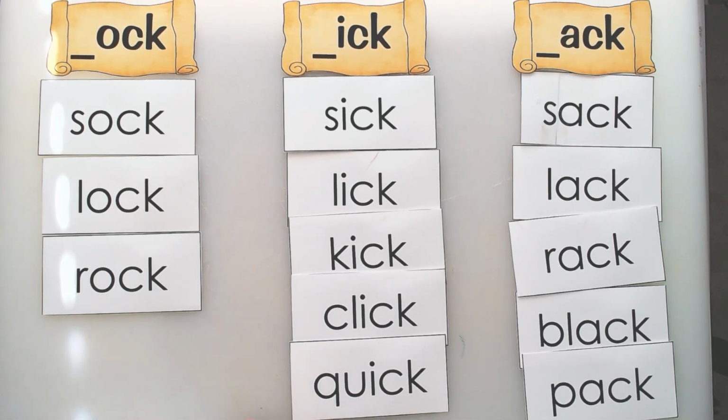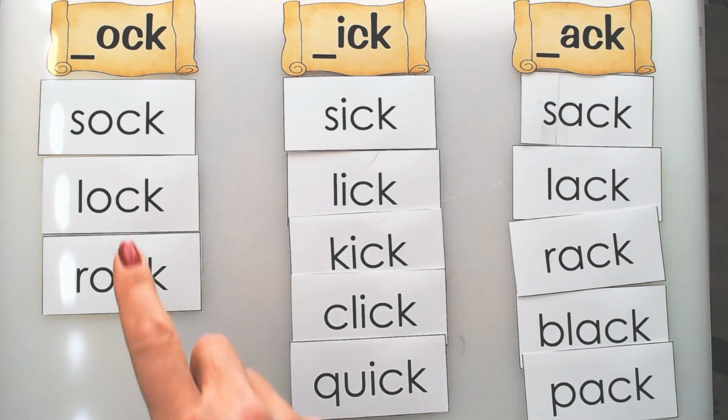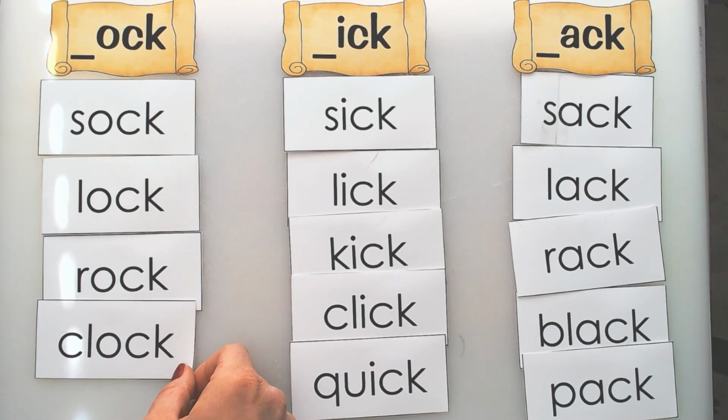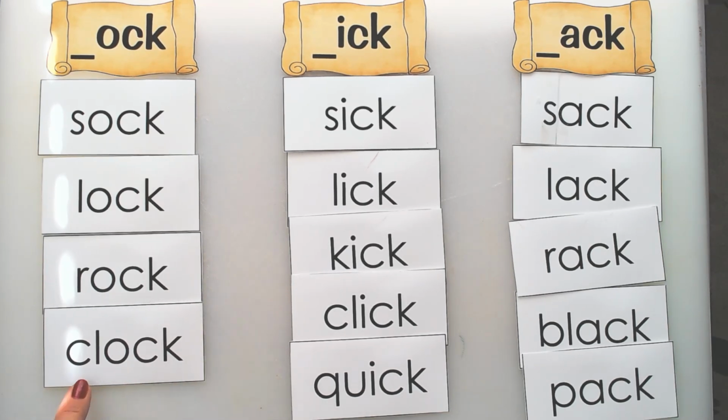Okay, finally, I like this word family because it has our two spelling challenge words, and here's one of them. Ooh, another blend. Let's sound it out. Cl, cl, clock. That's one of your challenge words for spelling on Friday. Clock.